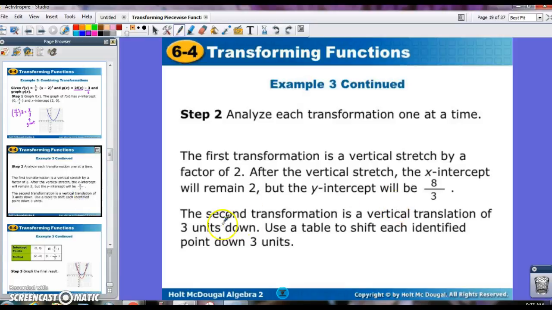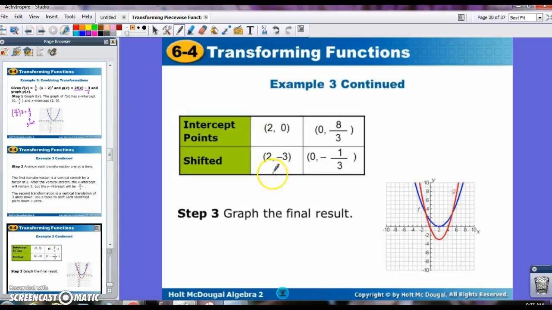The second thing that we're doing is shifting everything down 3 units. So if we just take our intercept points, where our x-intercept is and our new y-intercept is, and I shift those down accordingly, I'm shifting this point down 3 units. So the blue graph here is our original one, red one is our new one.